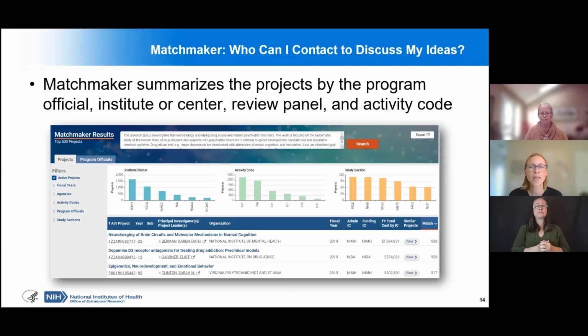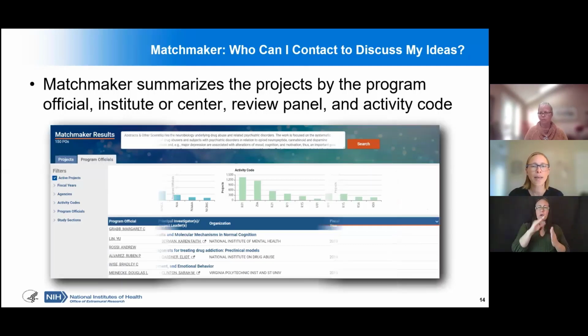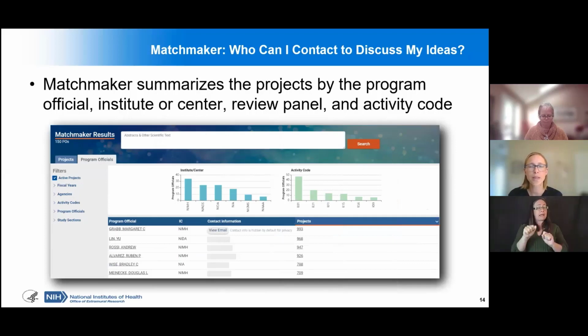In addition to the list of the most similar projects in Reporter, you'll see visual summaries of the institutes and centers, activity codes, and study sections associated with these projects, which can help you plan those details of your application. You can also view the NIH program officials who oversee the science most like yours, making it easy to find a relevant point of contact to discuss your research ideas early on in the process while you're beginning to work on your application.